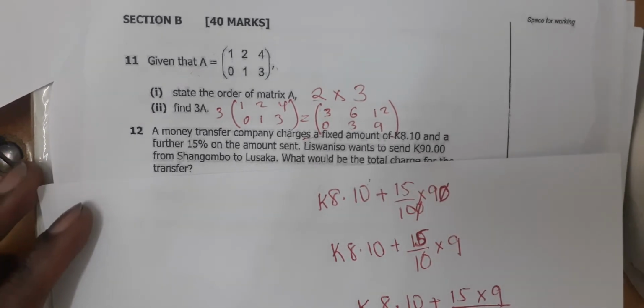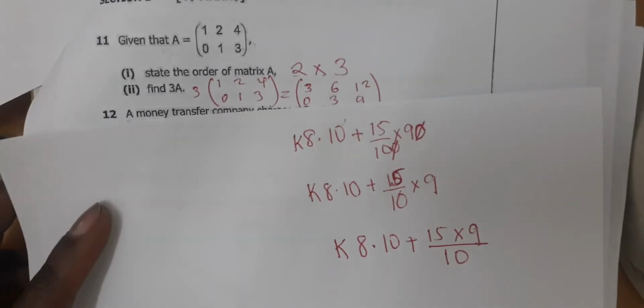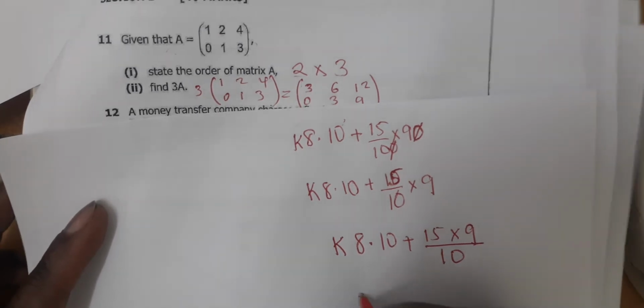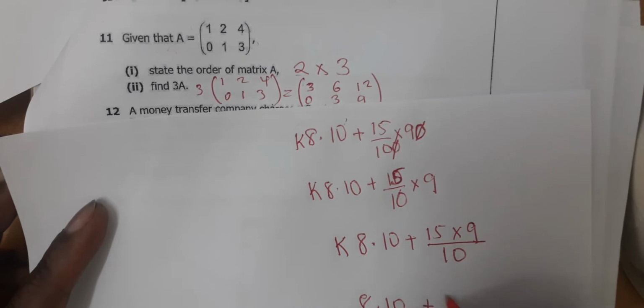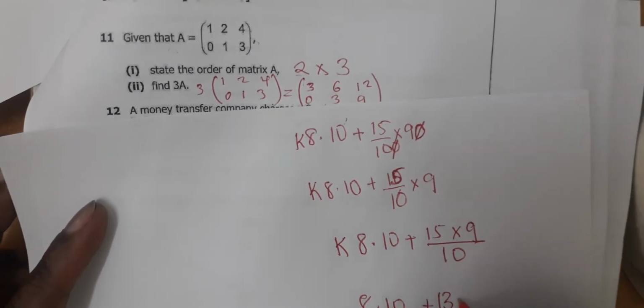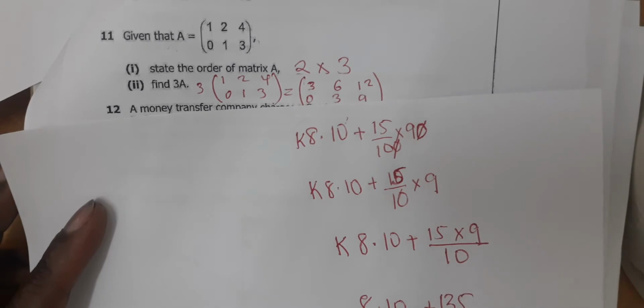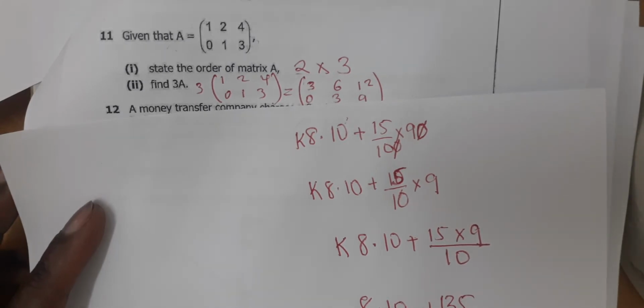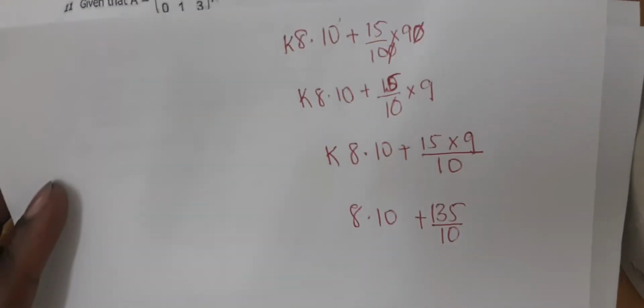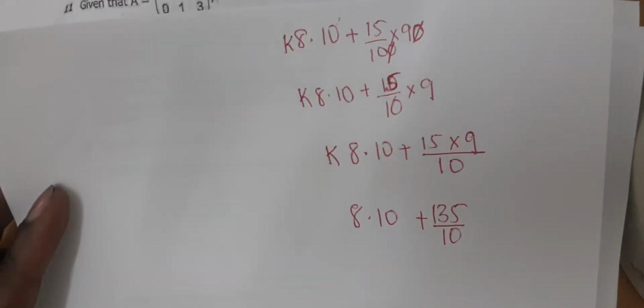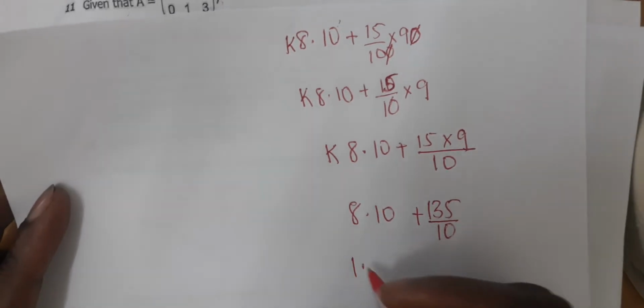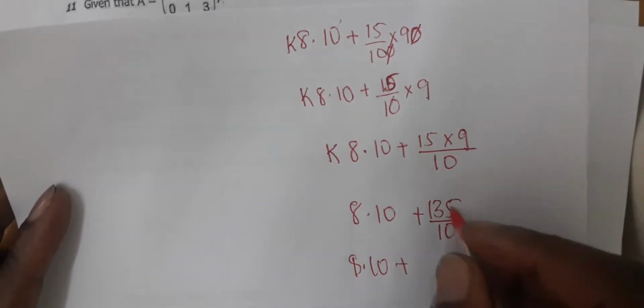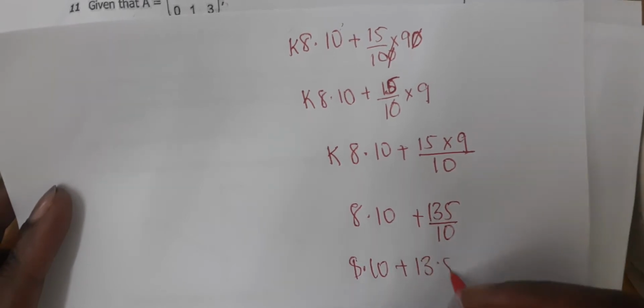So multiply 15 by 9, what are we getting? So this is 8.10 plus 135 divided by 10. You divide by 10 here, you get 13.5.